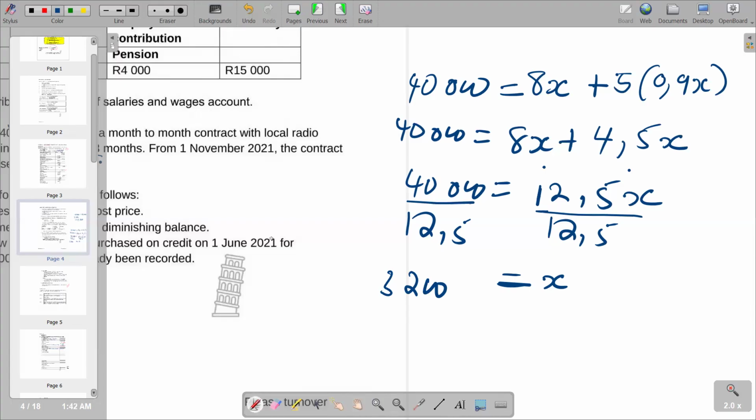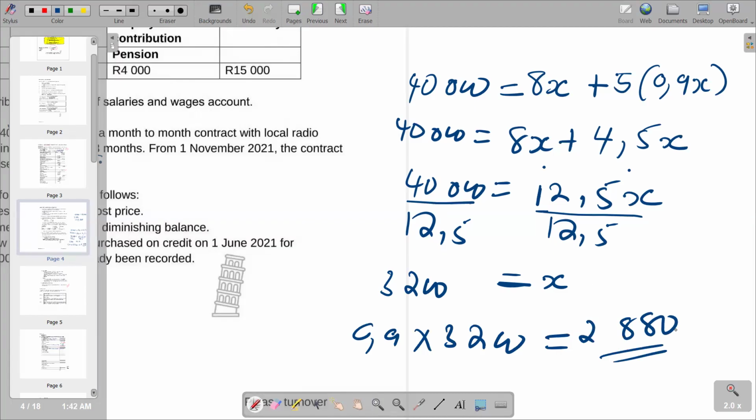So you're going to say 0.9 times 3,200, which is going to be 2,880. So here it becomes 2,880. This is the amount after it decreased, and it's going to represent the amount to subtract from the total for advertising.